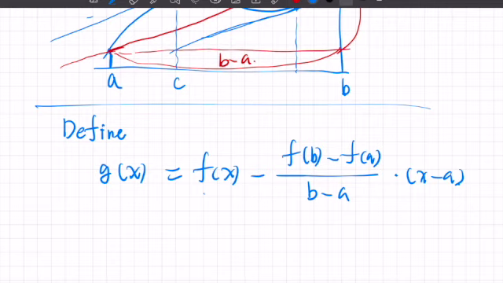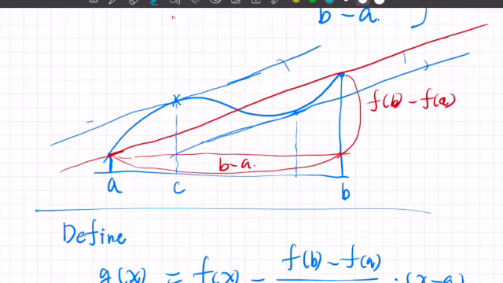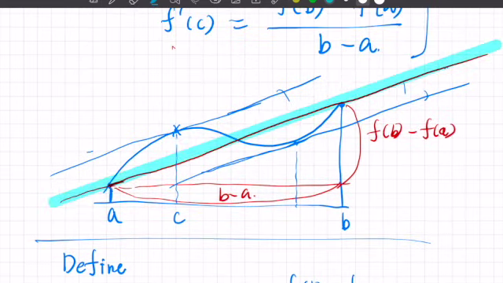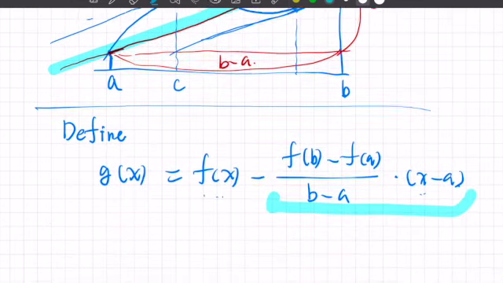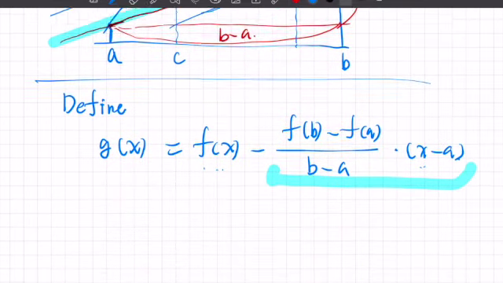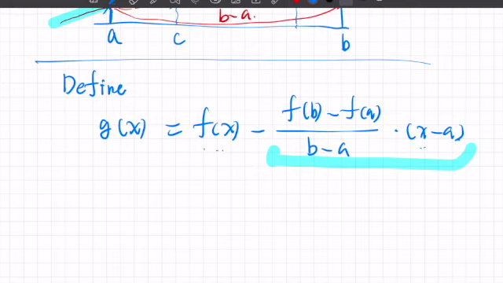So this is the original function f of x, and the second term is a linear function with this slope. What's special about this function is that it has the same value at a and b.